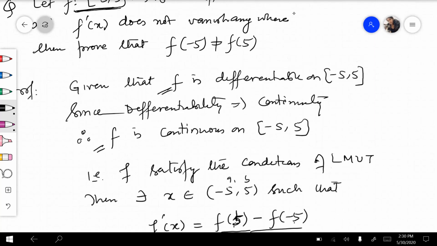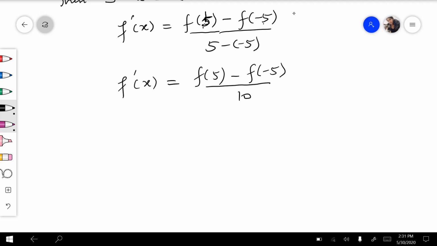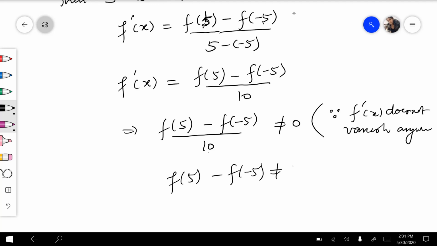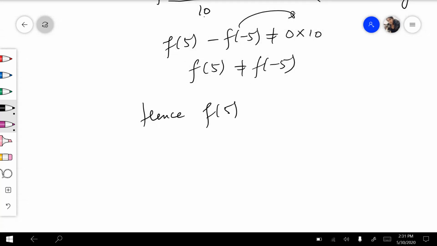Now we are given one specific thing here, f dash x does not vanish anywhere, vanish means खत्म नहीं होता है, which means f dash x is not equal to 0 for every x belongs to R, so f of 5 minus f of minus 5 upon 10 is not equal to 0. अगर इस 10 को ट्रांसपोज कर दें तो f of 5 minus f of minus 5 is not equal to 0, इसको ट्रांसपोज कर दें तो f of 5 is not equal to f of minus 5, so hence proved.